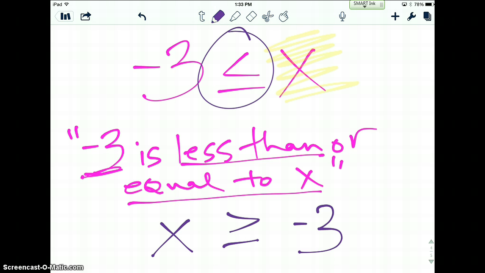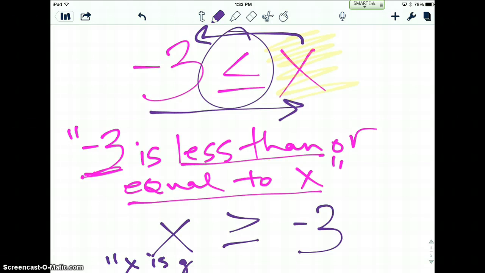Because if I read it from left to right, it is less than or equal to. But now if I go from right to left, x is greater than or equal to -3.